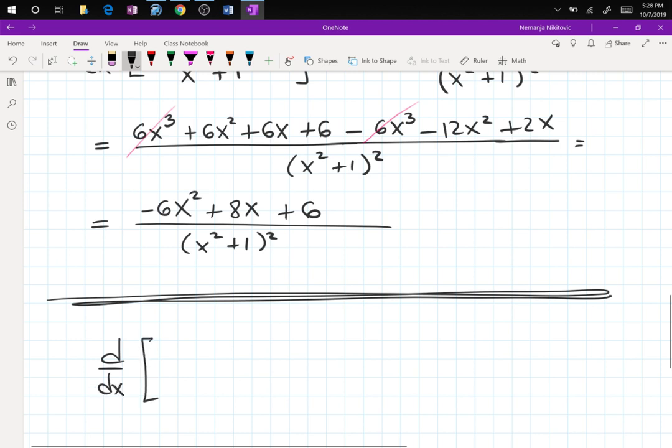The derivative of 4x squared plus 6 divided by e to the 3x.